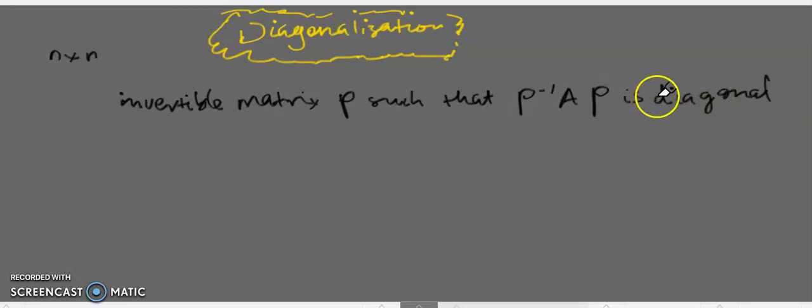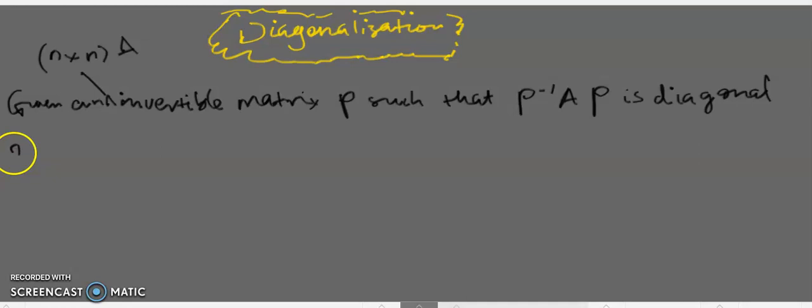This is our first target, and it will become our problem 1. So let's put that well: given an n by n matrix A, there exists an invertible matrix P such that P inverse A P is diagonal.